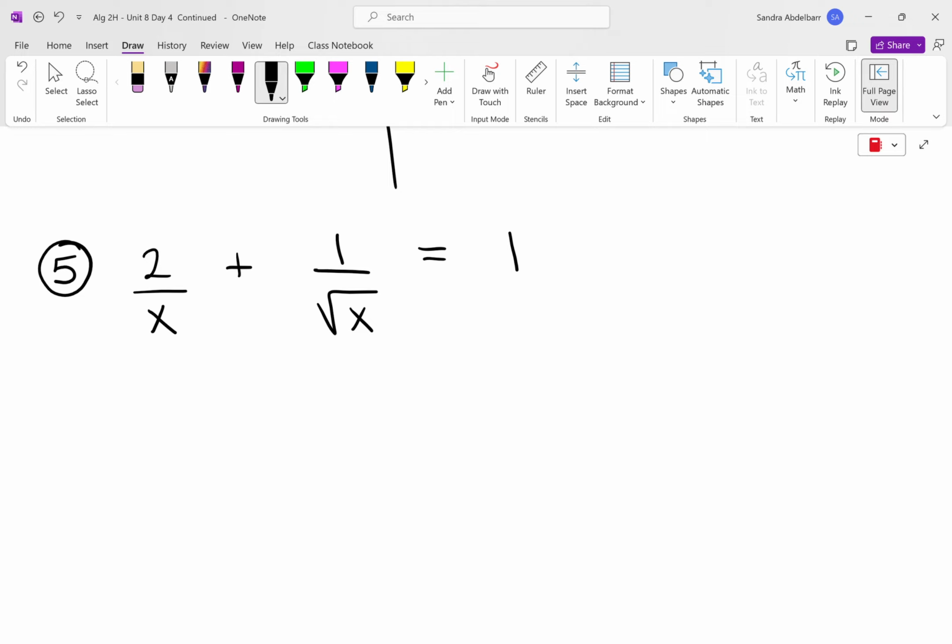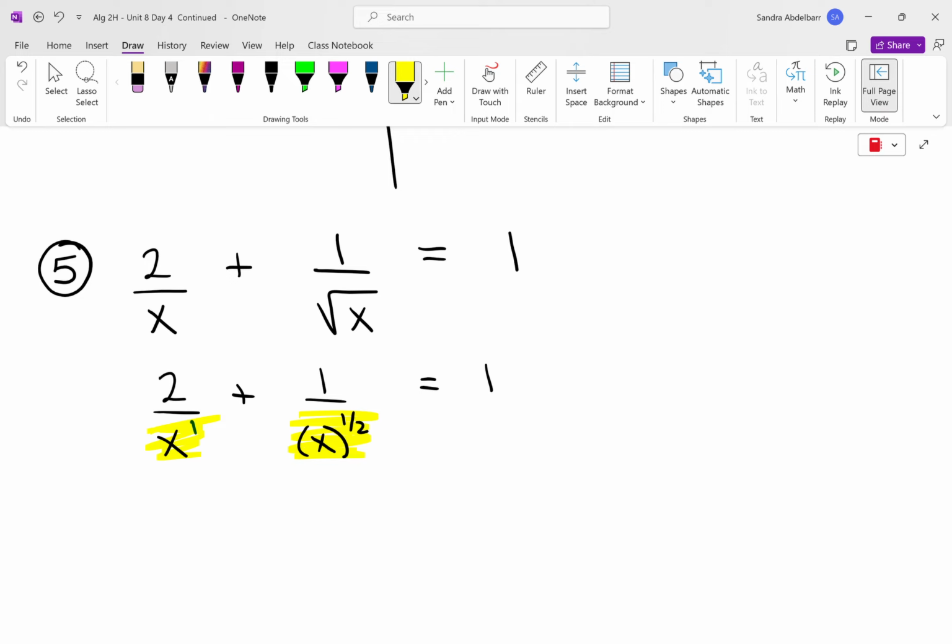Okay, so there's a bunch of different ways we could go about solving this. I'm probably going to do it a way you wouldn't really think of, but it's probably the quickest. So what I'm noticing here, this is 2 over x plus 1 over x to the half equals 1, right? This is an exponent of 1. So in this denominator, I'm realizing, okay, I have x to the first, and then I have the same base x raised to the half.